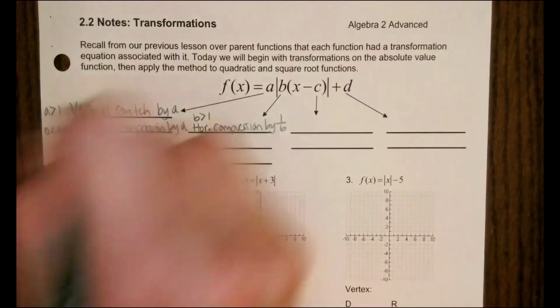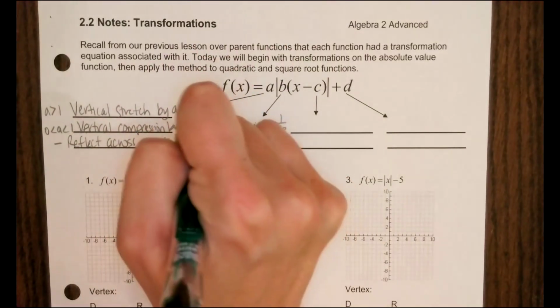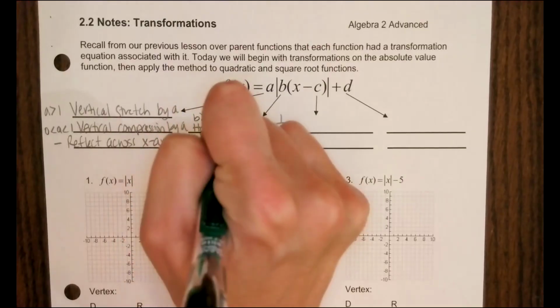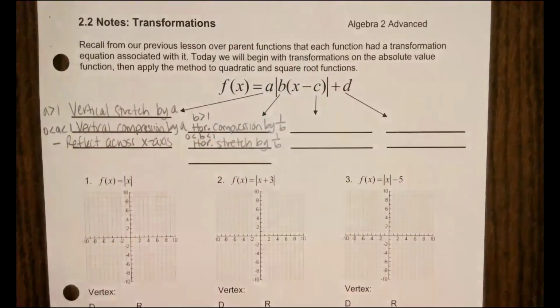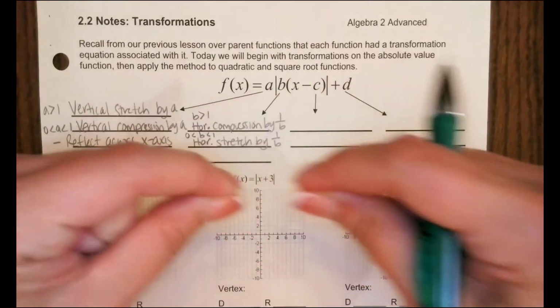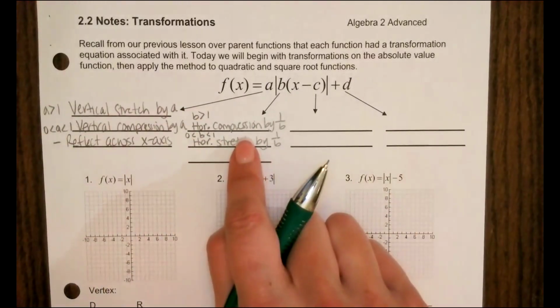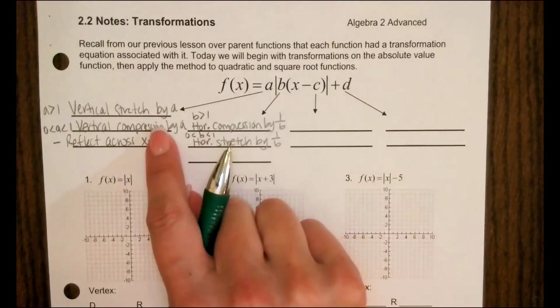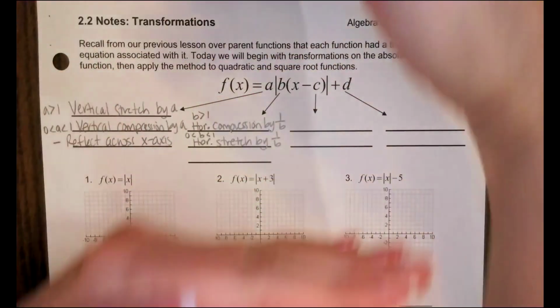Now it is horizontal, so it looks like we're taking it from over here and squishing this way, the horizontal compression. All right, so when it is between 0 and 1, it causes a horizontal stretch by 1 over B. And so horizontal stretch, we took it over here and we moved it this way. A horizontal stretch looks very similar to a vertical compression because horizontal, you're stretching this way, vertical, you're squishing this way.